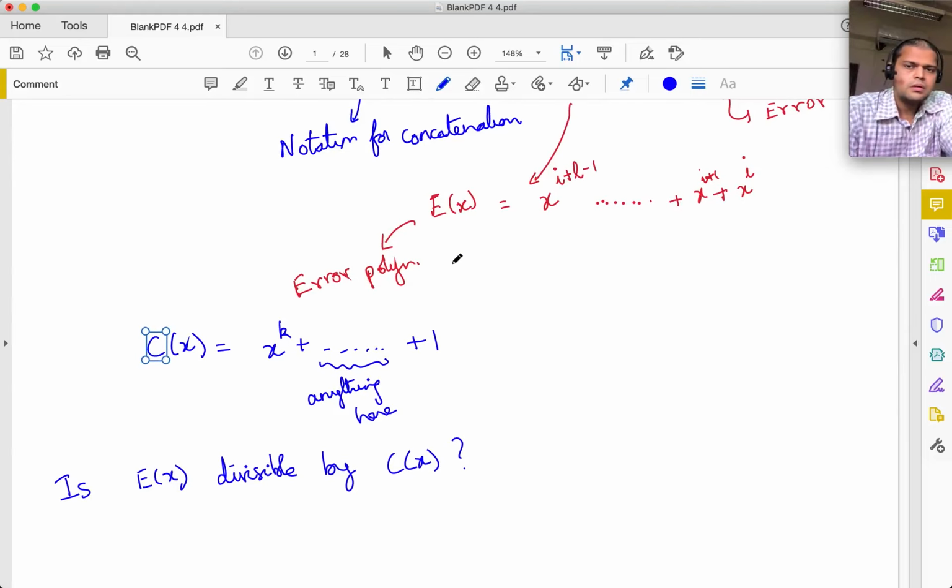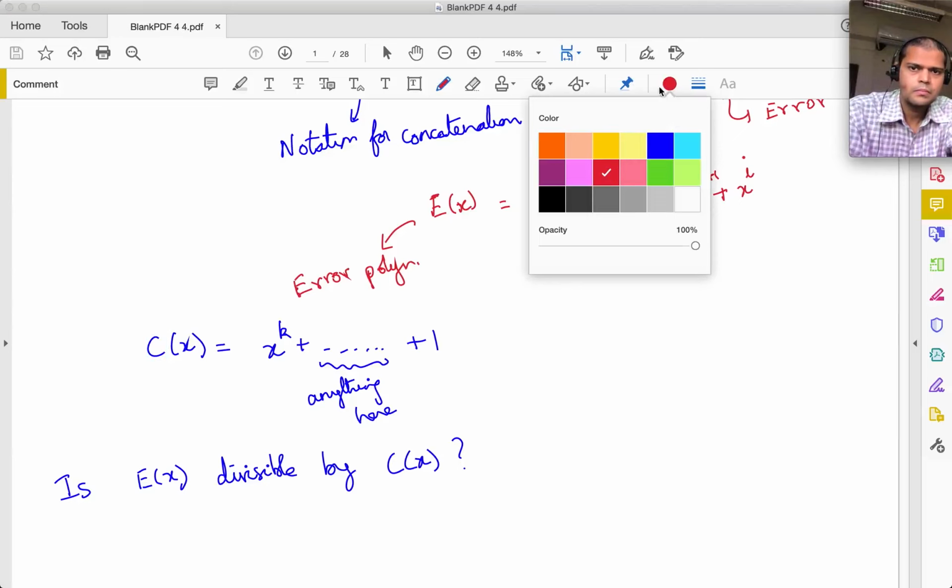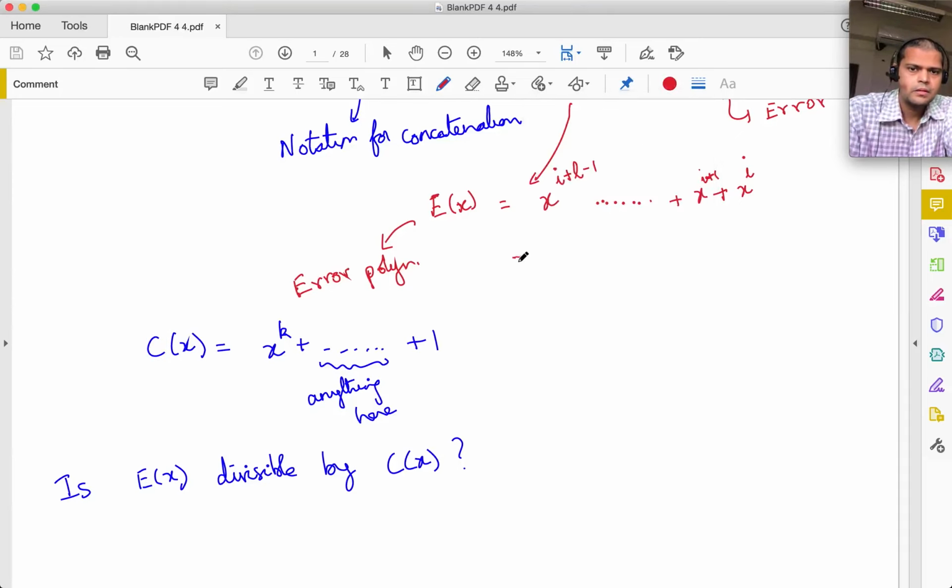So let's rewrite this polynomial in terms of x to the power of I multiplied by x to the power of L minus 1 plus x to the power of L minus 2 and so on plus 1.